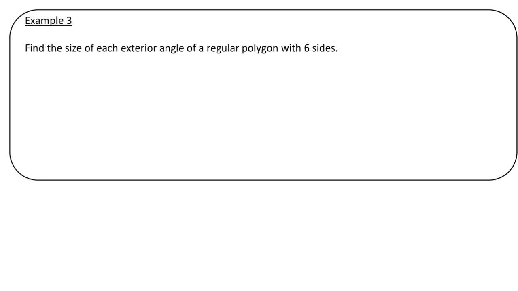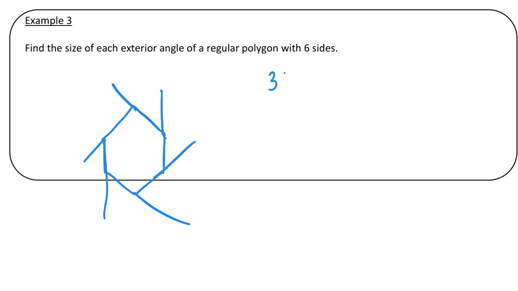Example 3, find the size of each exterior angle of a regular polygon with 6 sides, so a regular hexagon. So we've got our hexagon, and we're looking for all the exterior angles. And to work that out, it's 360 divided by n, which is 360 divided by 6, which is 60 degrees.